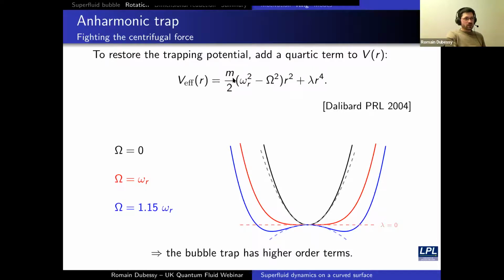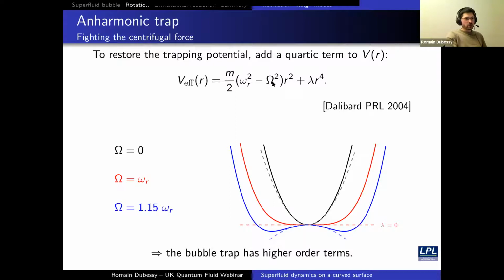And this can be seen in the effective potential in the rotating frame. For a harmonic trap, if you include the effect of the centrifugal force, then you get a potential that will completely vanish if you rotate exactly at the harmonic trap frequency. Experimentally, this is a problem because then the atoms are not trapped anymore and you lose them.